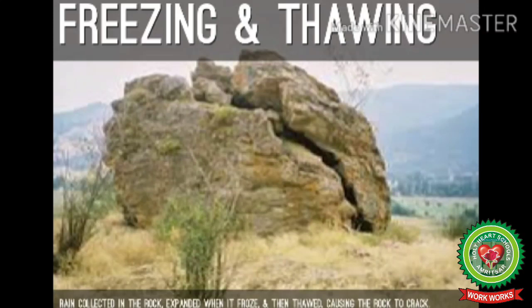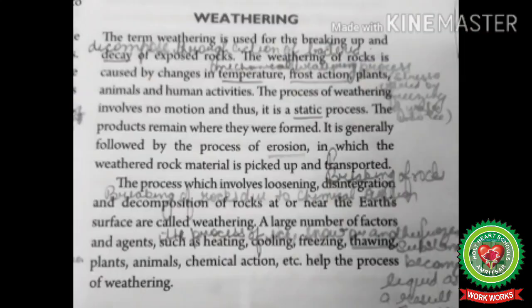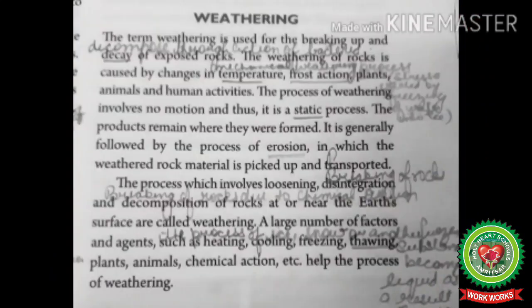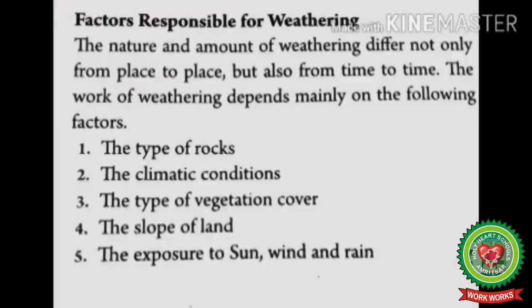Thawing means the process of ice, snow or any other frozen substance becoming liquid as a result of warming. Plants, animals, chemical actions. Chemical change refers to the change in the internal structure of any substance or object. Chemical change occurs due to the chemical action of air and water on the minerals present on the rocks.